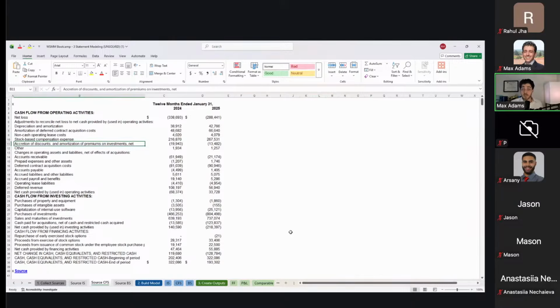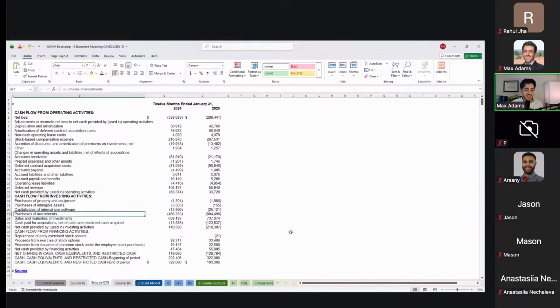Like, what is that? Well, that's stuff we can talk about, but that's probably a little more complex than we're trying to get into right now. Just know that each of these has a reason for being on here, and that in real life, these financial statements do get more complex than they appear in the presentation I was just building. And that's part of why they pay you $200 or $250,000 straight out of undergrad to build these financial models.